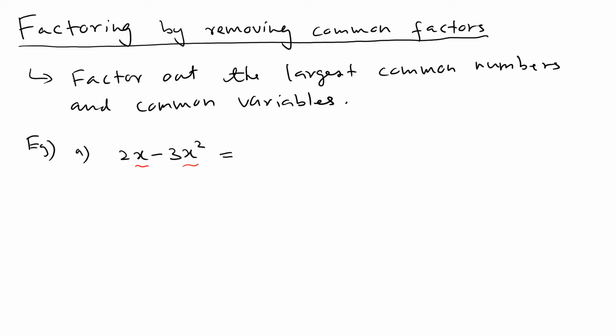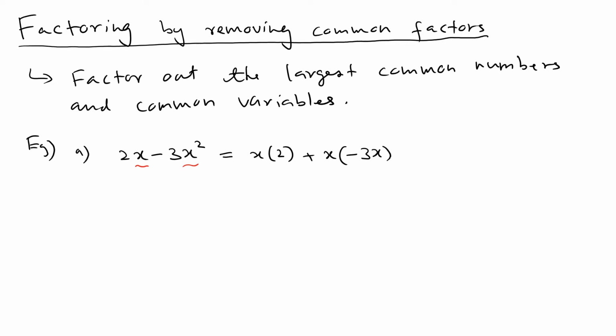So we can pull out x from both. We can write this as x times 2, and the next term as x times negative 3x.